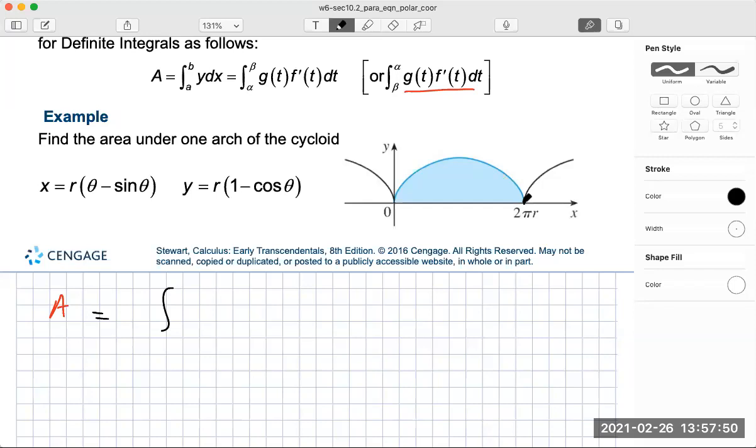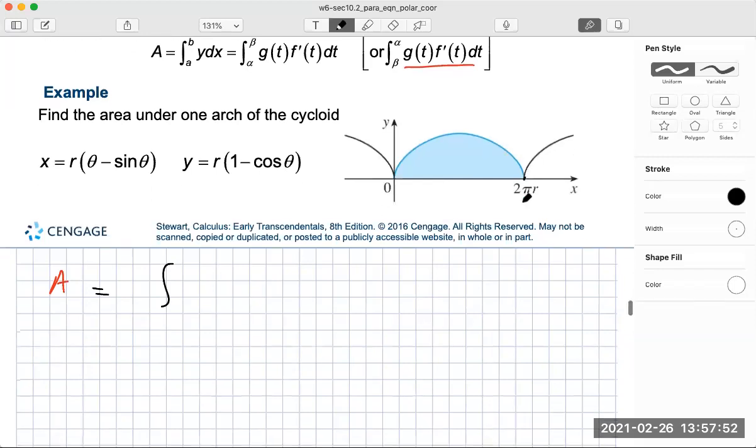If we write it in terms of x, it would be the integral from 0 to 2 pi r of y dx. That is when we write it in terms of x.